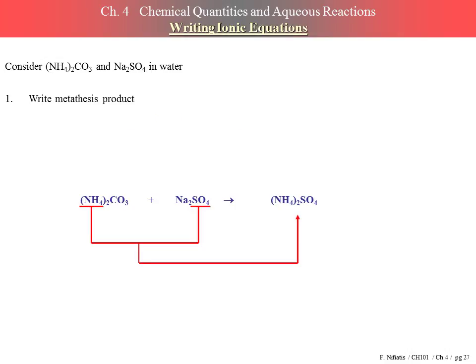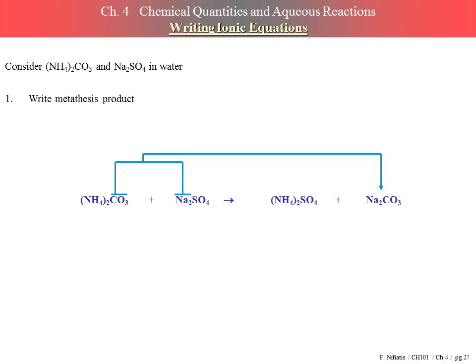And that's why we have the 2 here, because the sulfate has a 2 minus charge. And the other one is the sodium from here and the carbonate from here. The carbonate has 2 minus charge, the sodium has plus 1 charge. That's why we have a 2 subscript there.